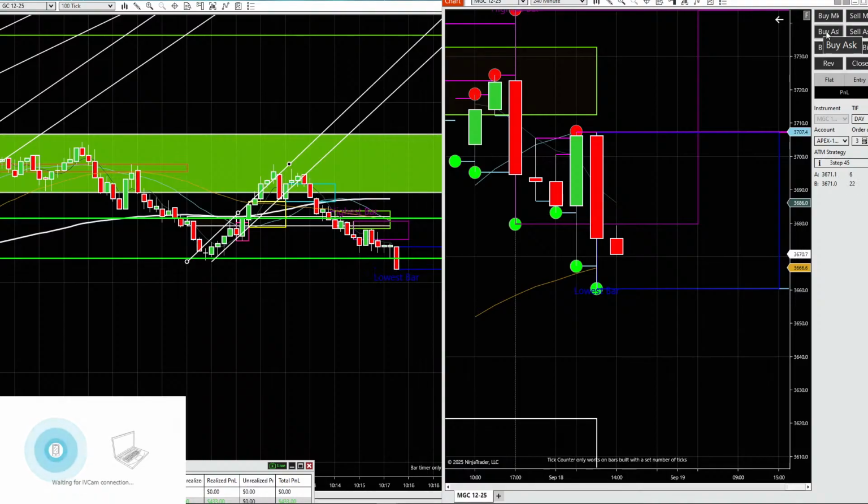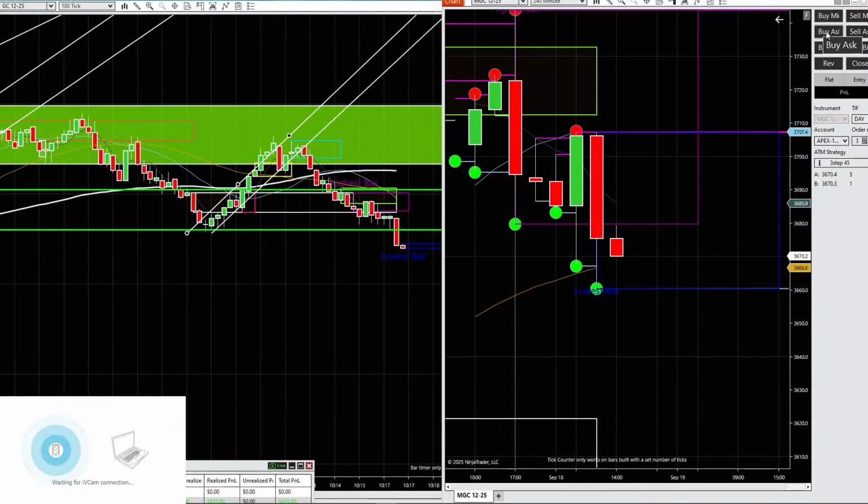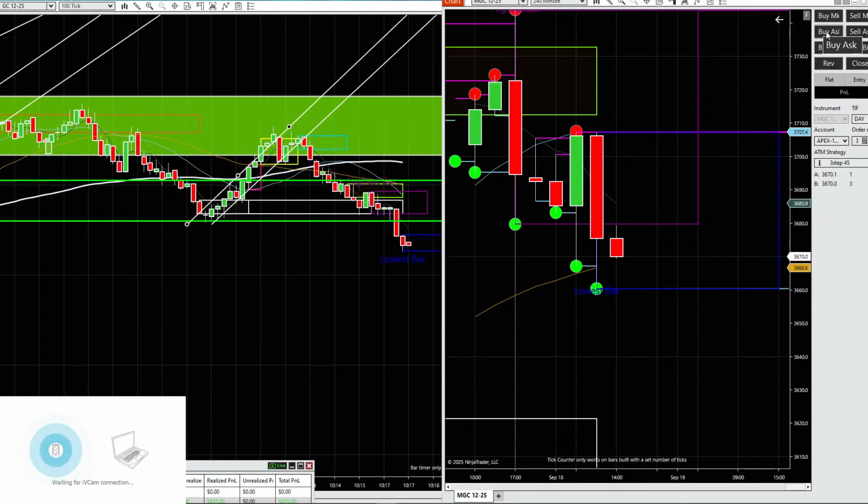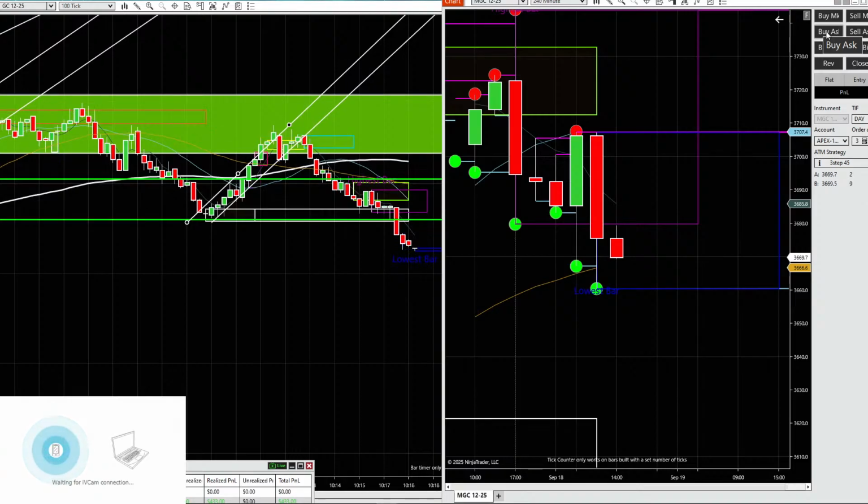Alright, you cracked it. Let's see how far down you go. Alright, it's a much smaller candle right there. Okay, didn't close past the low, but you just gapped down, so you can grab more liquidity, probably soak back up.